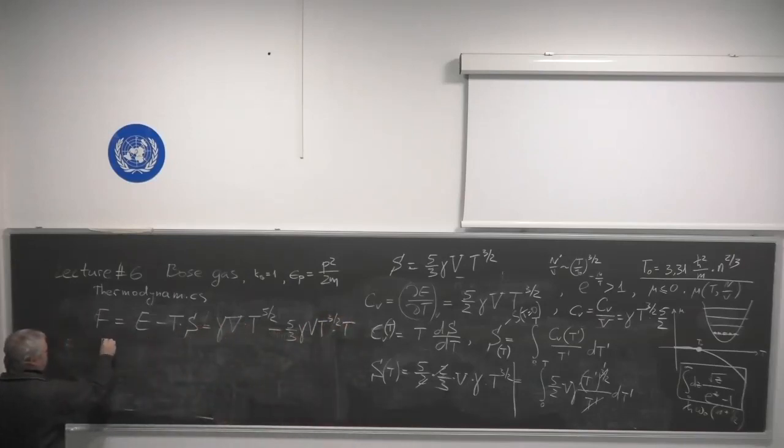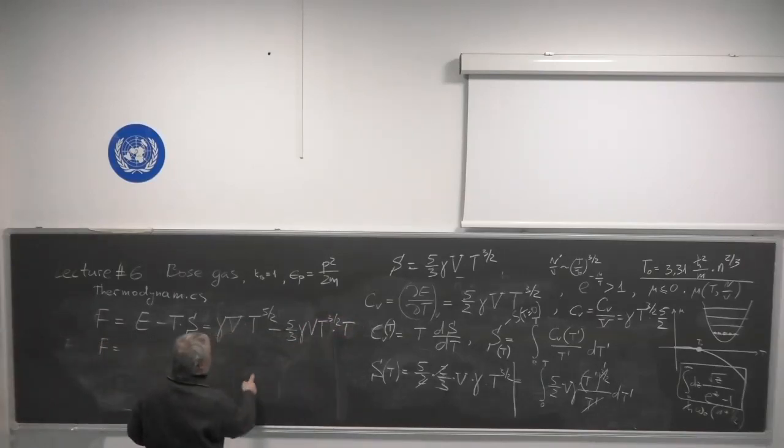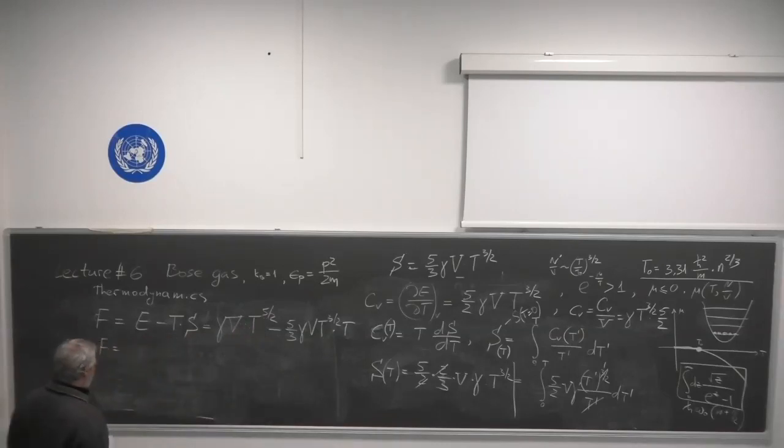Therefore, F is equal to minus 2/3 gamma volume temperature to the power of 5/2.